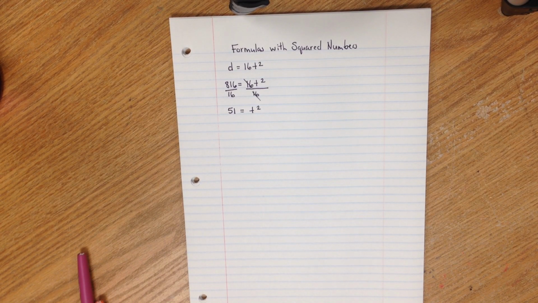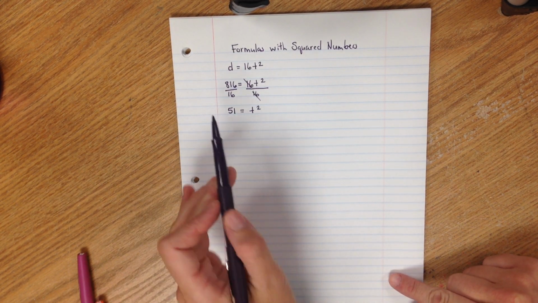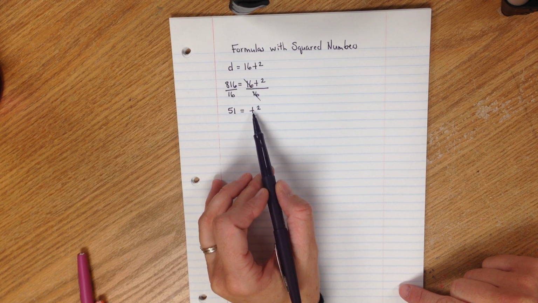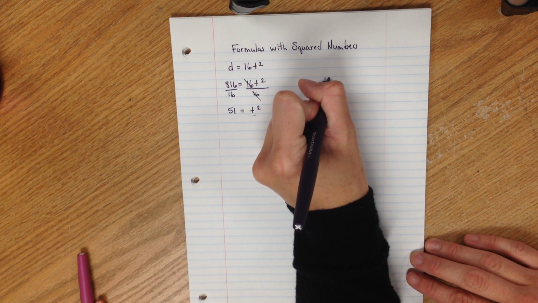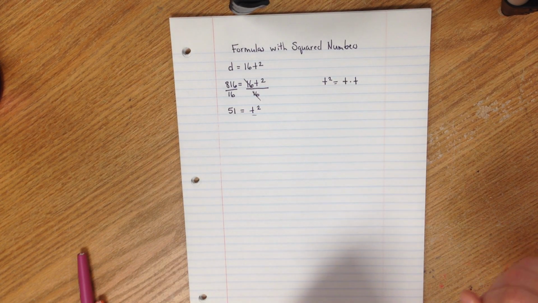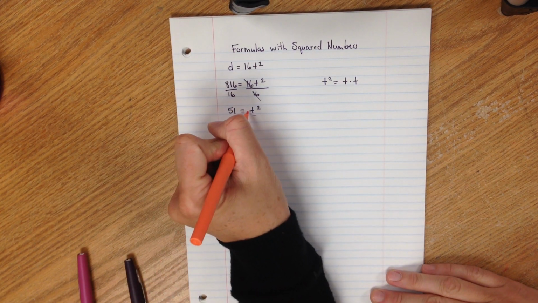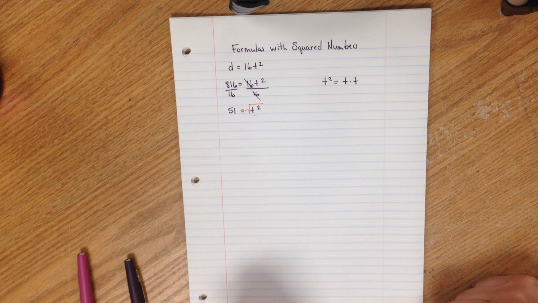Now, to finish solving here, what this says is that 51 equals t squared, not t. This t is still not by itself because remember, t squared is the same as t times t. We need just one t to know what the time is. So the way that we solve this is we have to undo a squared by finding the square root.